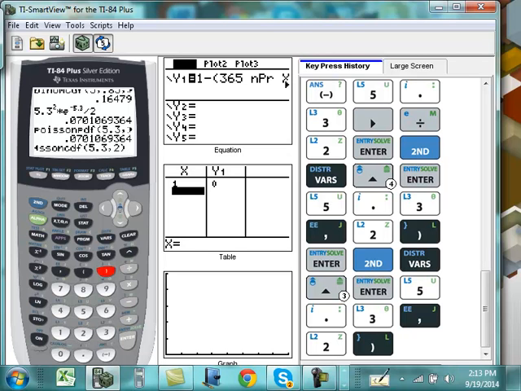So this is going to calculate the probability of having 2 or fewer hurricanes in a year, and that's going to be slightly greater than 10%. So if on average there's 5.3 hurricanes in a year, there's only about a 10.2% chance that we would get 2 or fewer hurricanes.